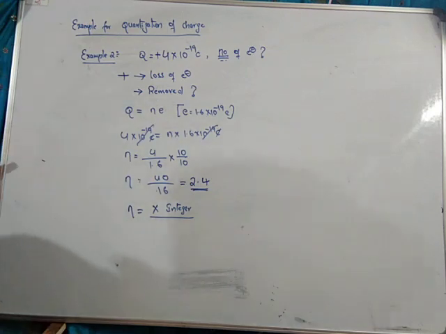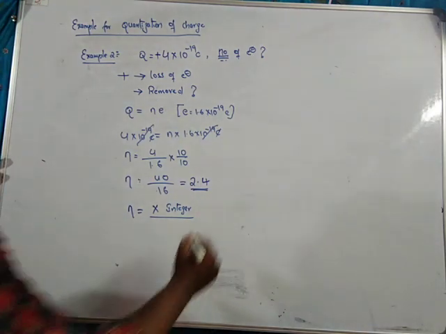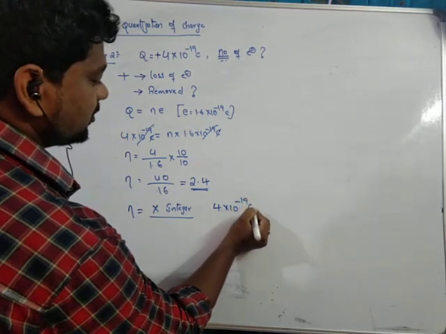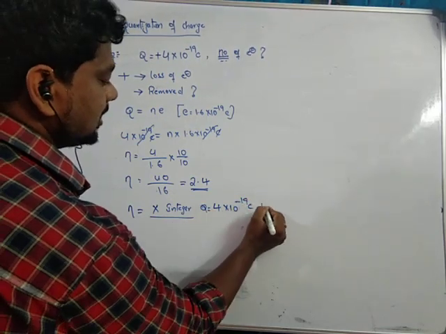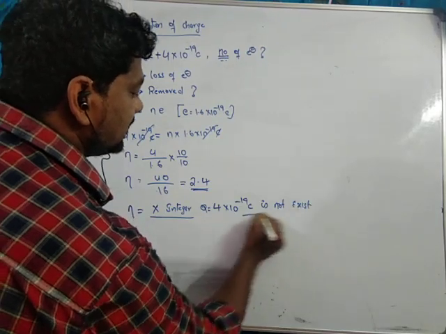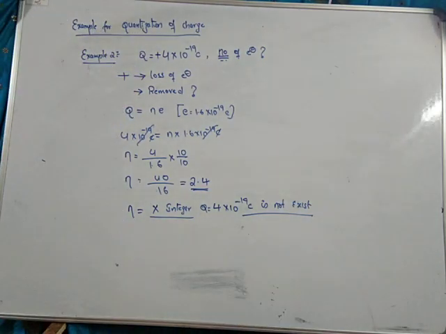When N is not an integer, 4 into 10 to the power of minus 19 coulombs of charge does not exist. Whatever number we get at the end, it should be a positive or negative integer. Suppose we have a positive sign, there we have a loss, but 2.4 won't exist. Is that clear?